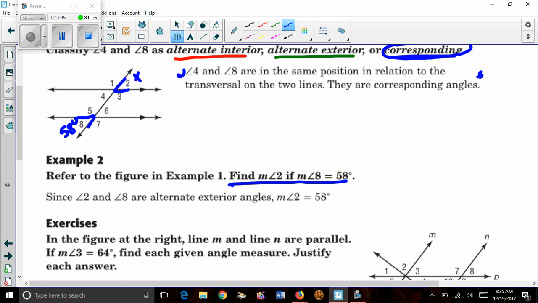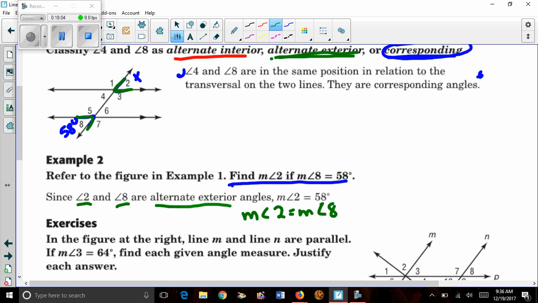We look at their angle pair relationships. Since angle 2 and angle 8 are alternate exterior, we can say that the measure of angle 2 equals the measure of angle 8.